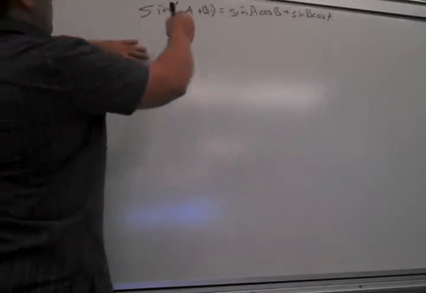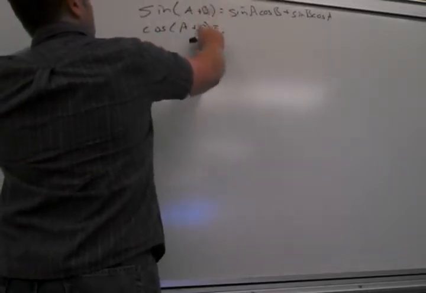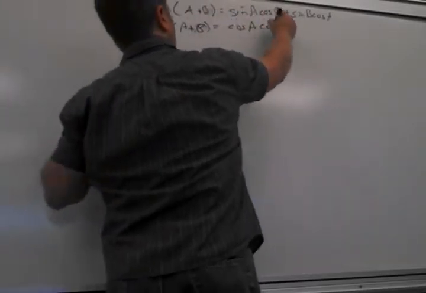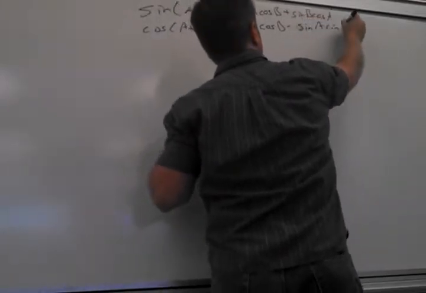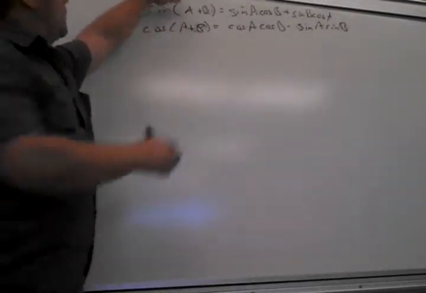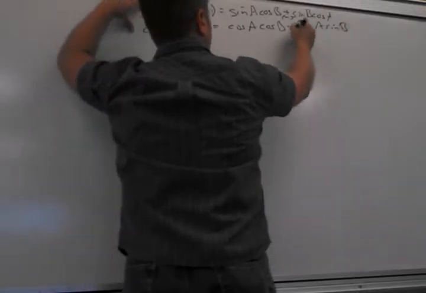And then cosine of A plus B is cosine A cosine B minus sine A sine B. And if this is minus, this would be plus.